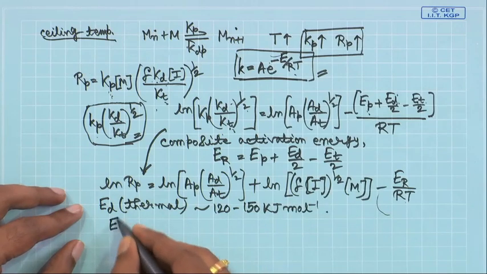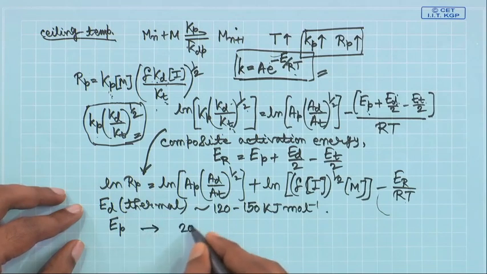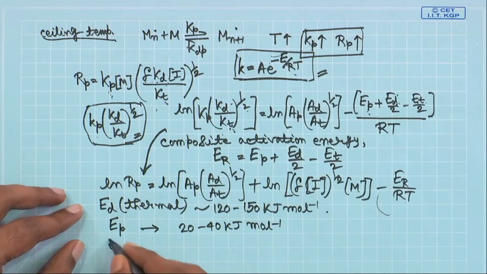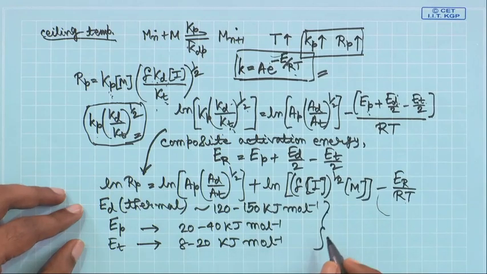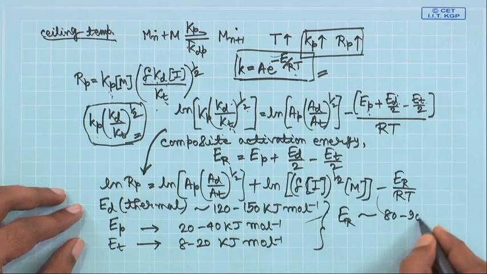Now, propagation activation energy is of the order of 20 to 40 kilojoules per mole, and termination activation energy is of the order of 8 to 20 kilojoules per mole. So, if you take all these things into account, then for thermal initiation of the polymerization, the overall activation energy becomes in this range, 80 to 90 kilojoules per mole.